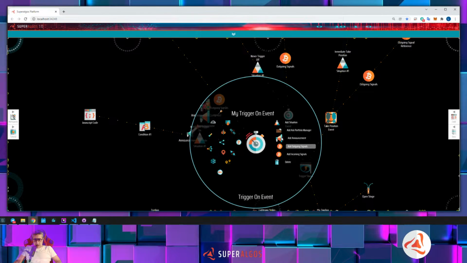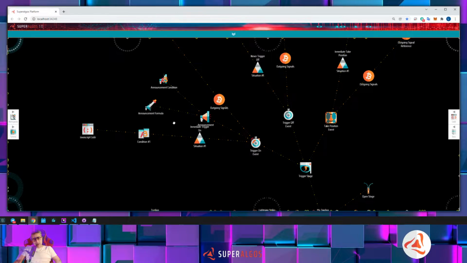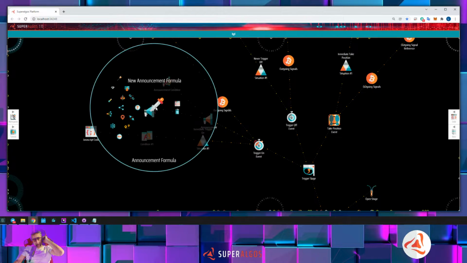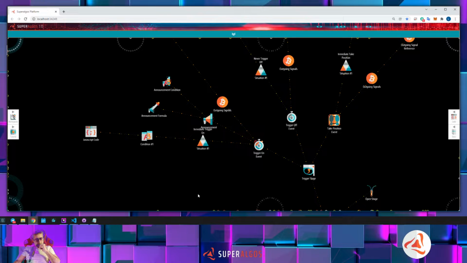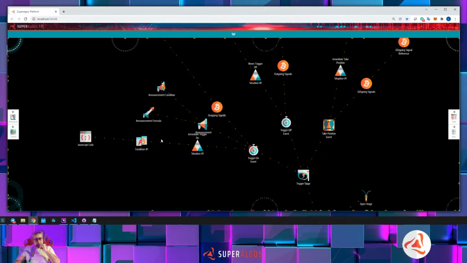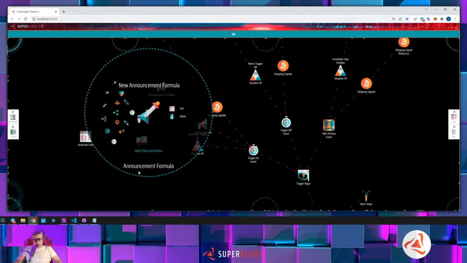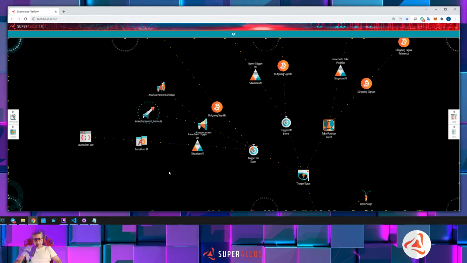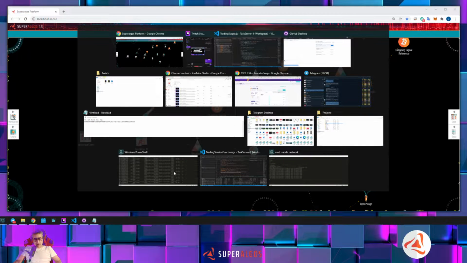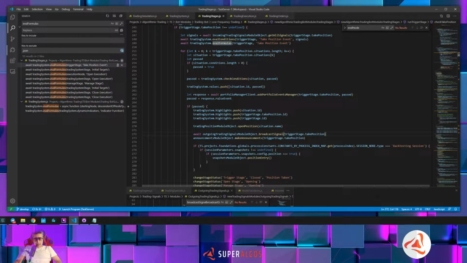But if I make an announcement, then there is an announcement formula here. But I wonder if that is evaluated, because announcement formula is another type of node, and it's not a formula object.